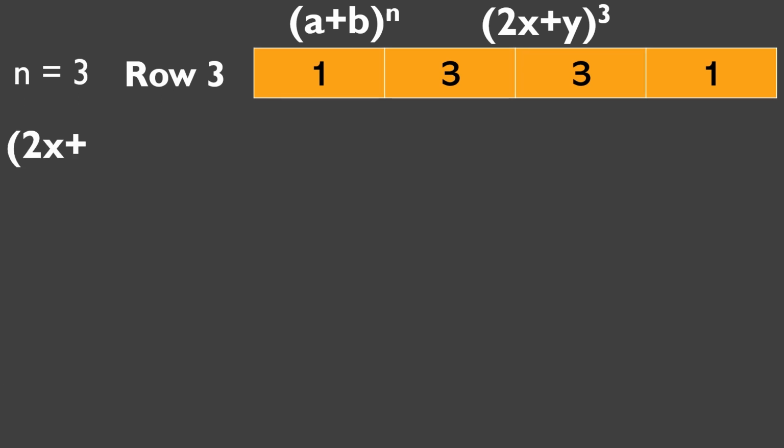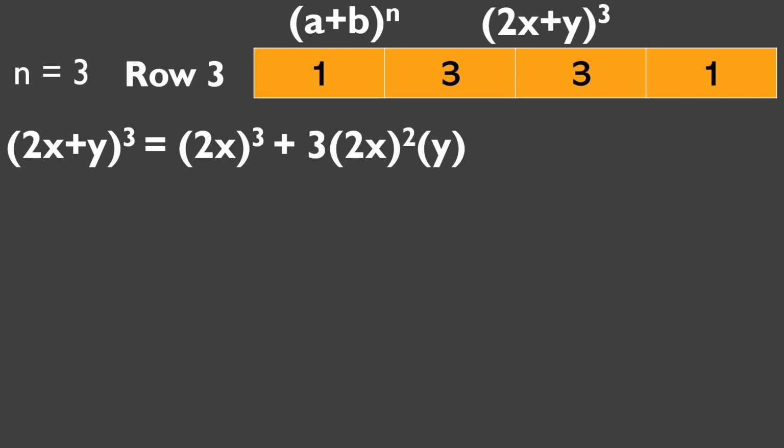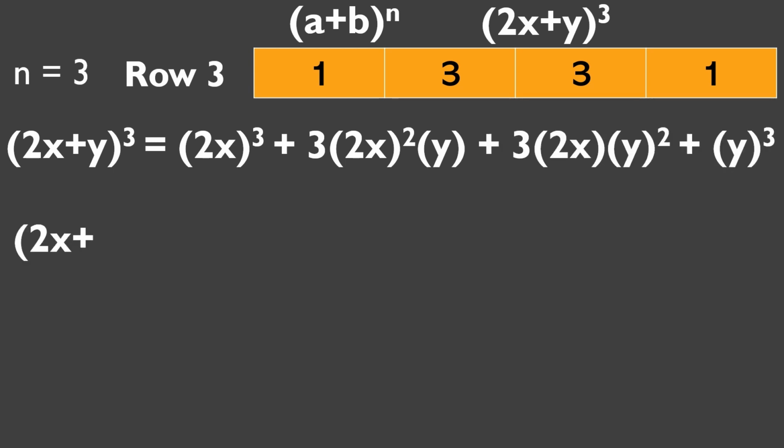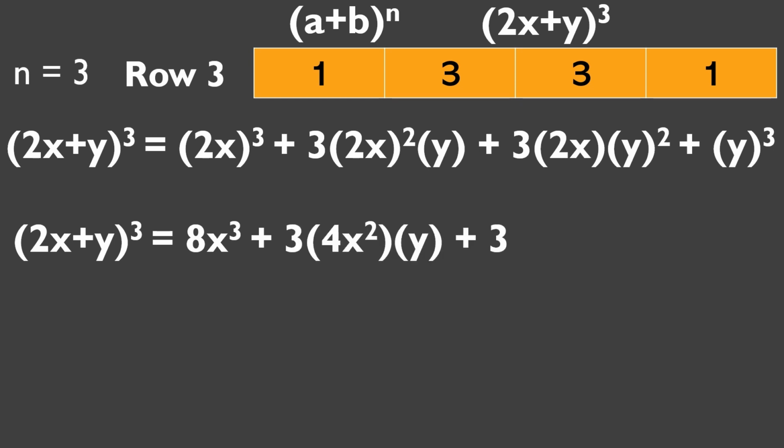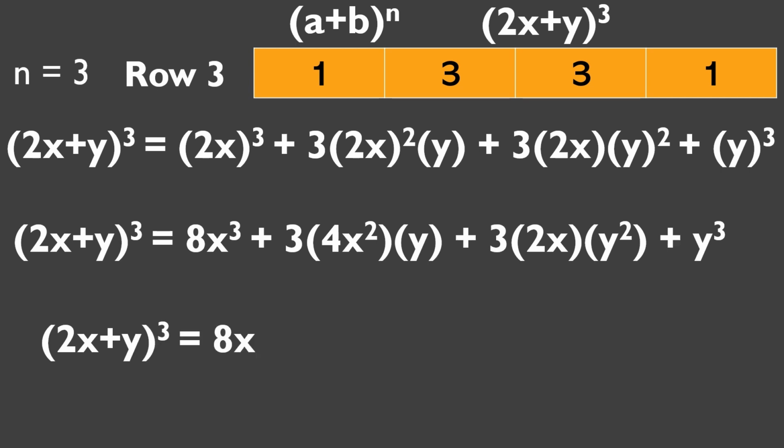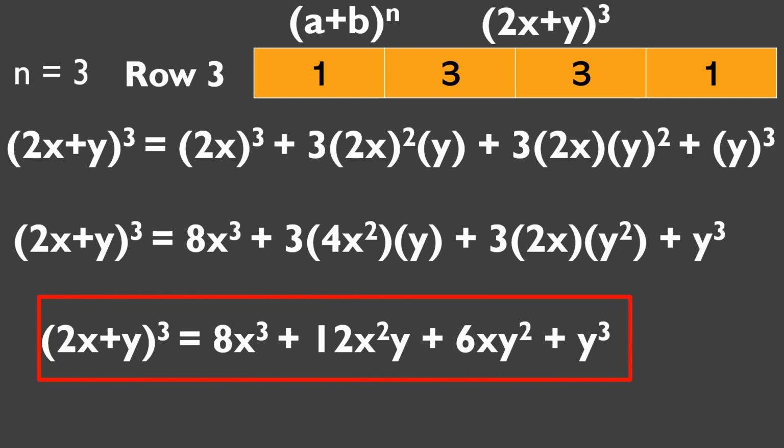So when we simplify this further, we have as displayed, and then we keep simplifying it further, and finally we have 8x raised to power 3 plus 3 into 4x squared into y plus 3 into 2x into y squared plus y raised to power 3. And then if we simplify further, we have 8x cubed plus 12x squared y plus 6xy squared plus y raised to power 3. And that's our answer for the expansion of 2x plus y all raised to power 3.